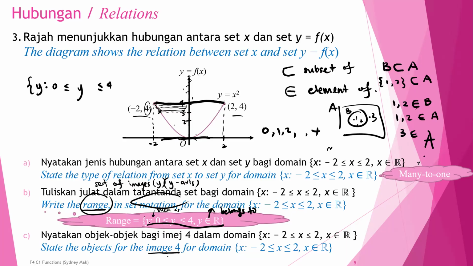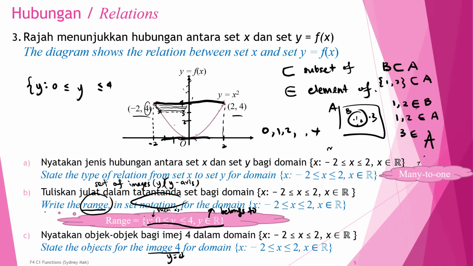What is image? Image refers to y. That means when your y value is 4, what are your x? Negative 2 to 2. Negative 2 to 2? Yeah.